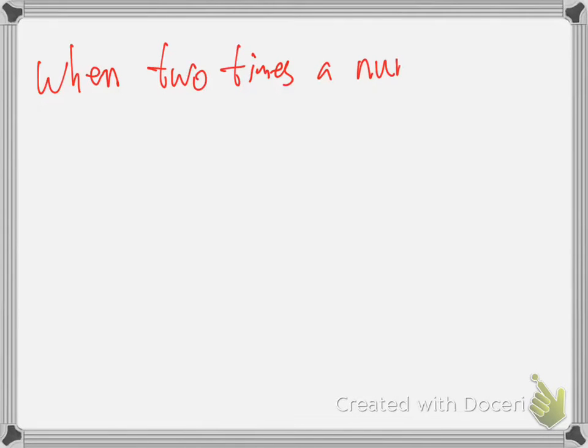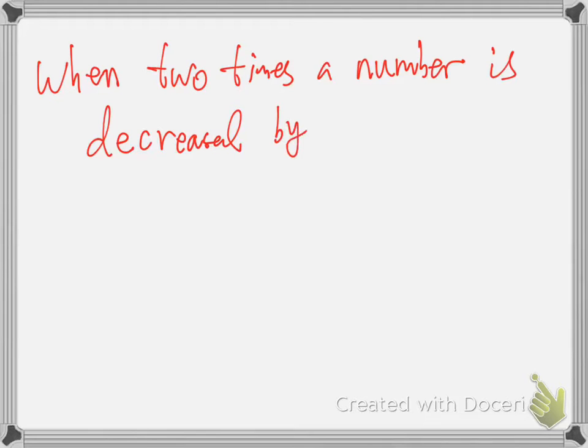So our last question is a word question. We want to change this to a linear equation. So let me write down the question. When 2 times a number is decreased by 7, the result is 9.